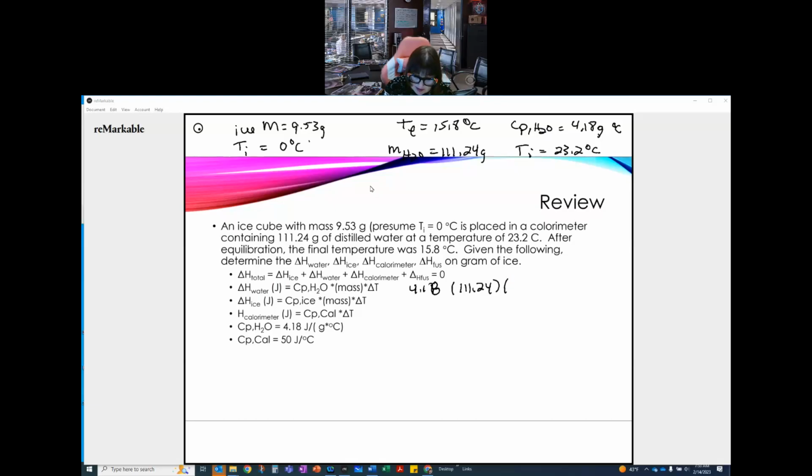And then my delta T, so my final minus initial: 15.8 is where I end, minus the 23.2 where I start.